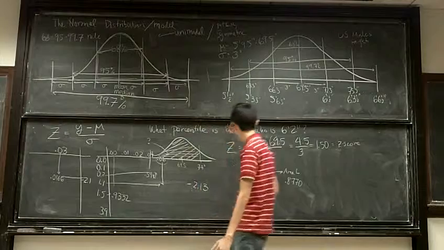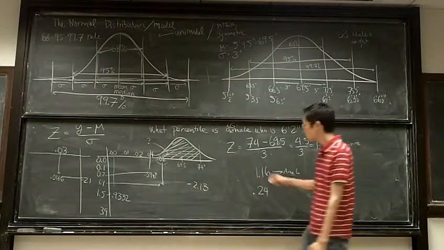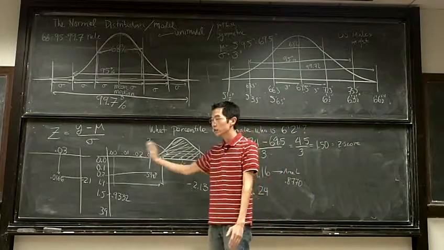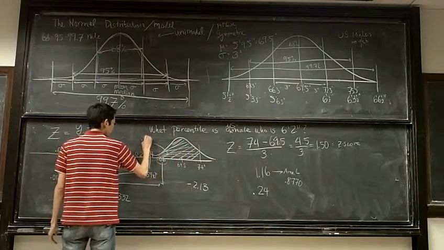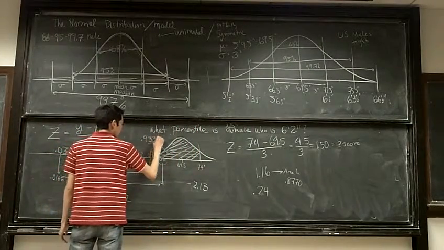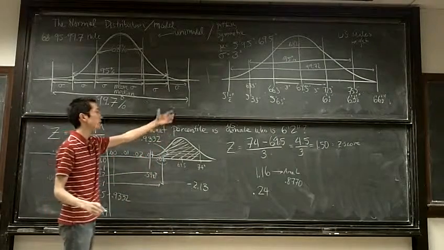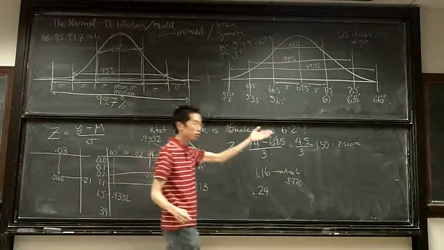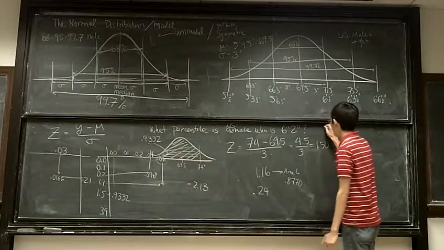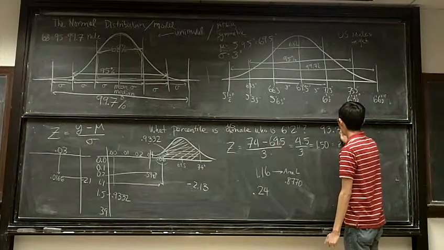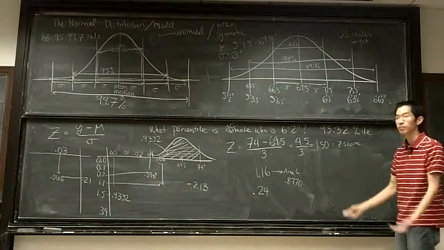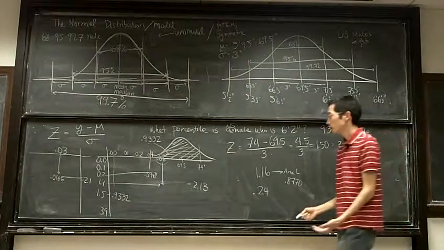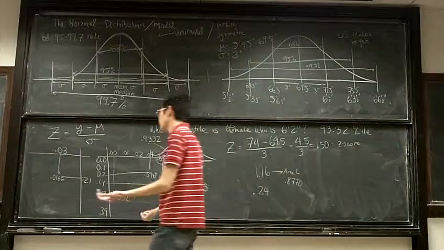We get 0.9332. So this tells us that to the left of this cutoff line, the area here is 0.9332. So what percentile is a U.S. male who is 6'2"? 93.32 percentile. Exactly.